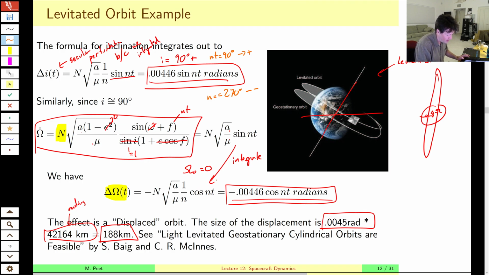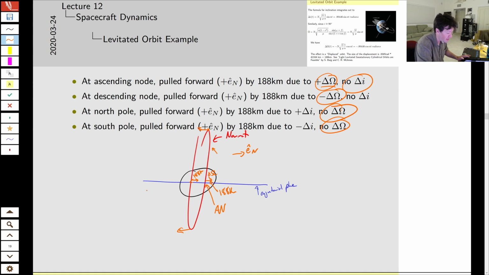At the ascending node, this is equal to 0, and so the change is negative. So at the ascending node we have a negative change, and at the descending node we have a positive change. I've actually got this all backwards, so I apologize. I'm not going to re-record the lecture, but hopefully you'll bear with me. So actually, we've moved that way by 188 kilometers, and here we've moved that way by 188 kilometers. I apologize for the mistake.